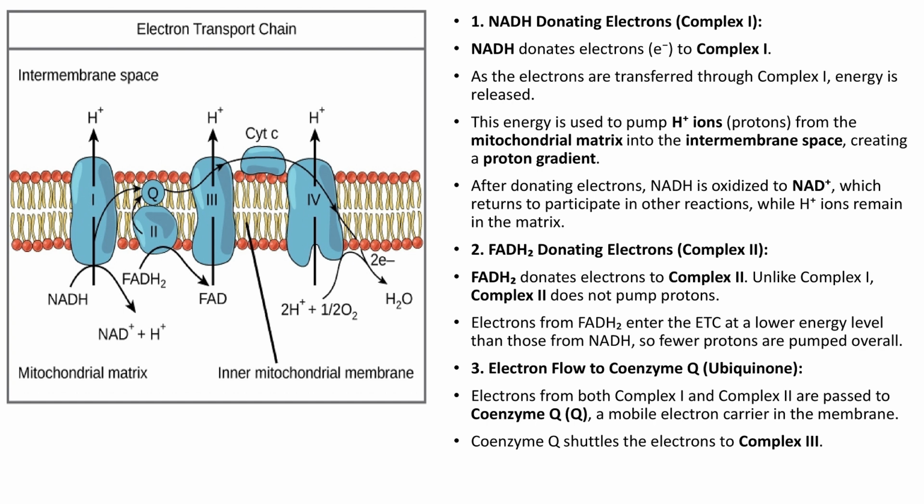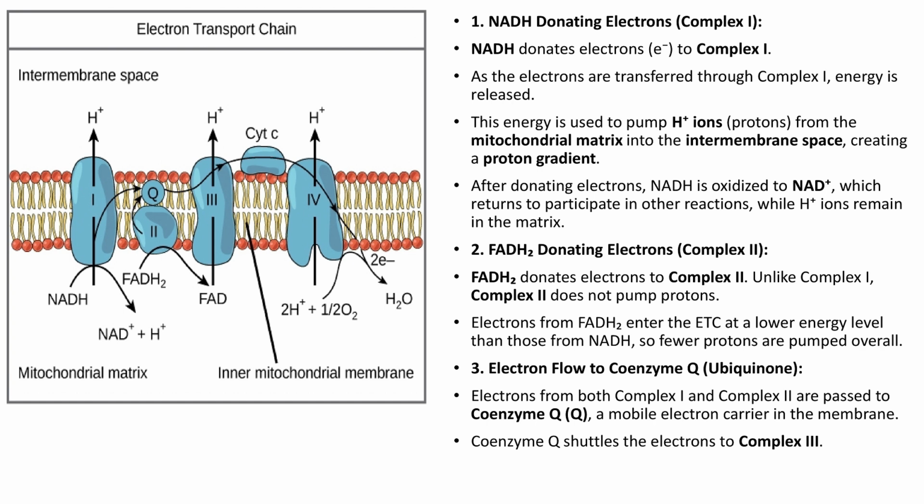This energy is used to pump H plus ions from the mitochondrial matrix into the intermembranous space and thus creating a proton gradient. After donating electrons, NADH is oxidized to NAD plus, which returns to participate in other reactions, while H plus ions remain in the matrix.